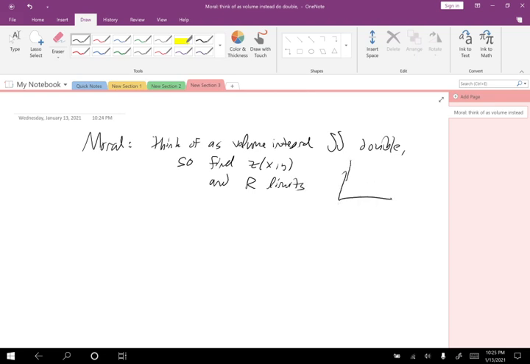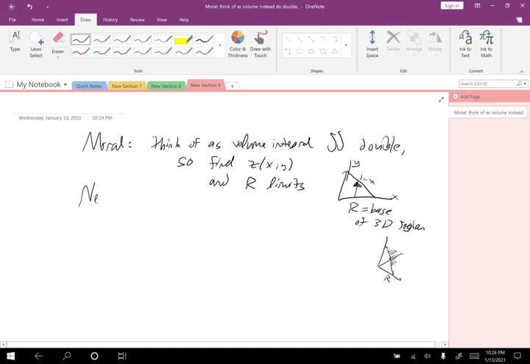So for example, if this was the base of your 3D region, let's say we had this tetrahedron, then the base is this triangle, and the limits would be something like 1 minus x, for example. These are your y's, these are your x's. You've been doing this for a week now. And so this part at least is routine.